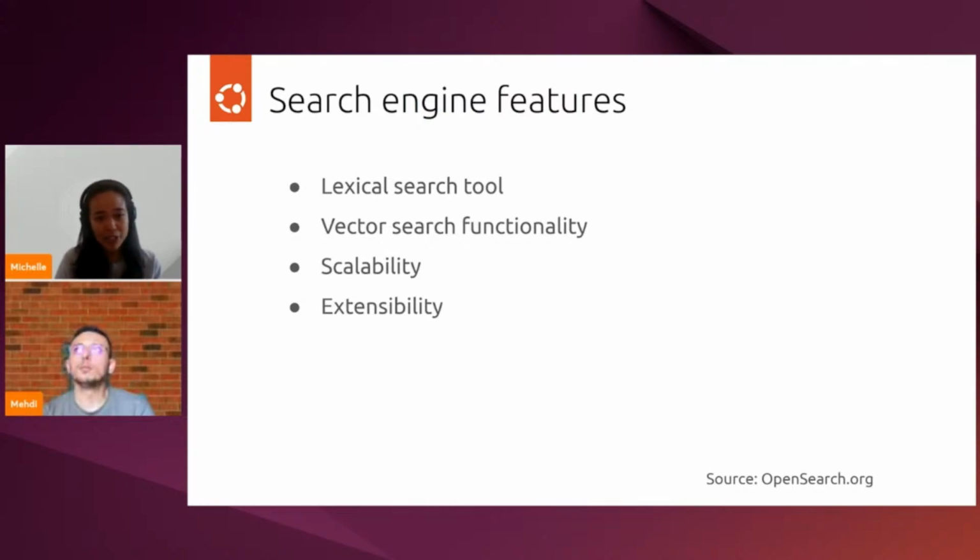And Mehdi and I will share more about the large deployment architecture later. And then lastly, extensibility, which covers a broad range of different solutions that build on top of the core of OpenSearch, so that the search solution can improve over time. And we've seen that a lot with the KNN plugin and other plugins that OpenSearch has.